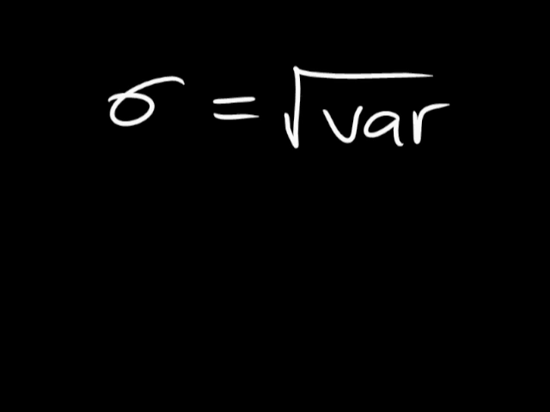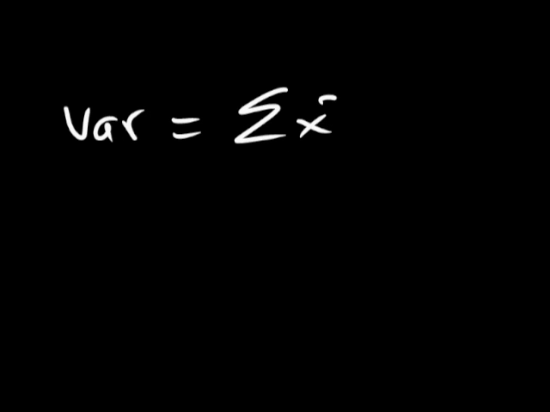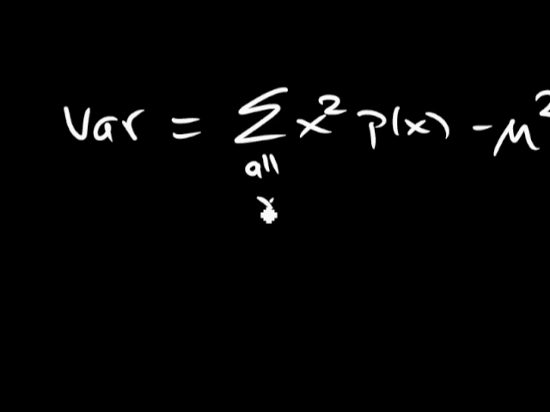However, the variance is equal to the sum of x squared times p of x minus mu squared for all x. So we have to compute an x squared p of x column, add those values, and subtract the square of the mean.